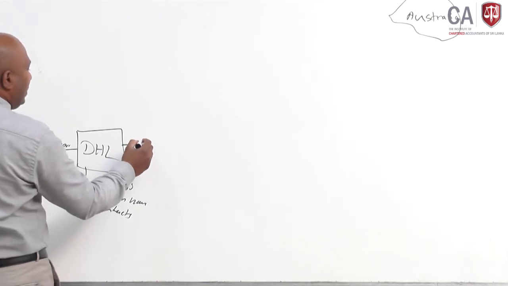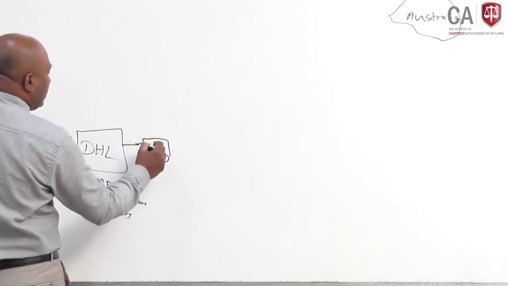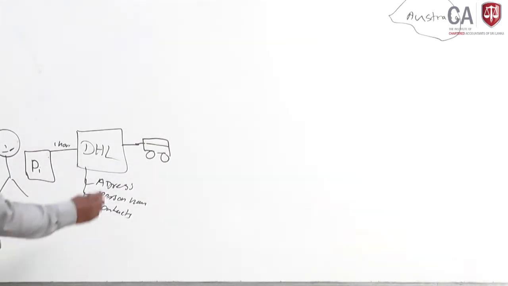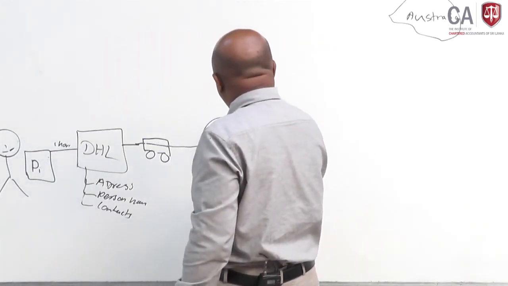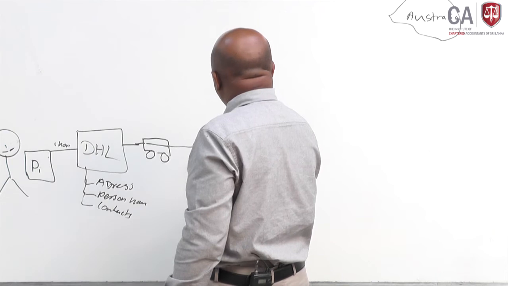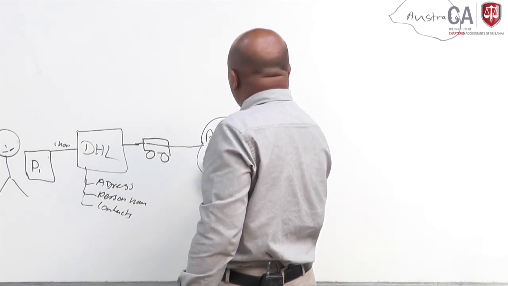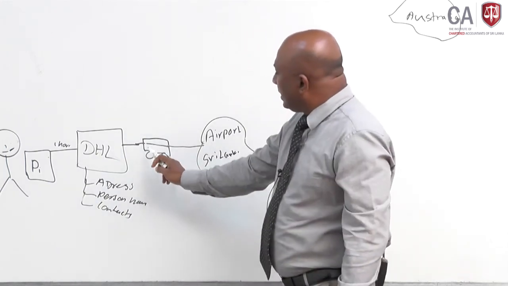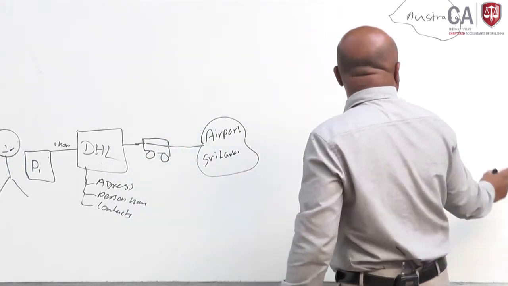Then they will give it to the transport. Then they will be transporting it to the airport. This is the airport, Sri Lanka. Now, the product is placed for transporting to this location.